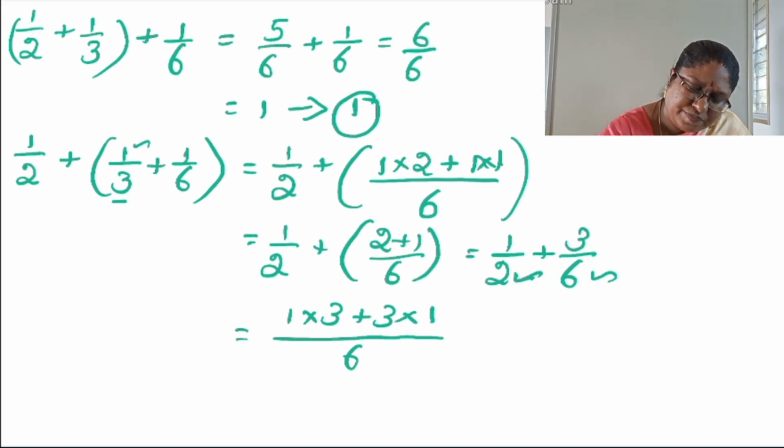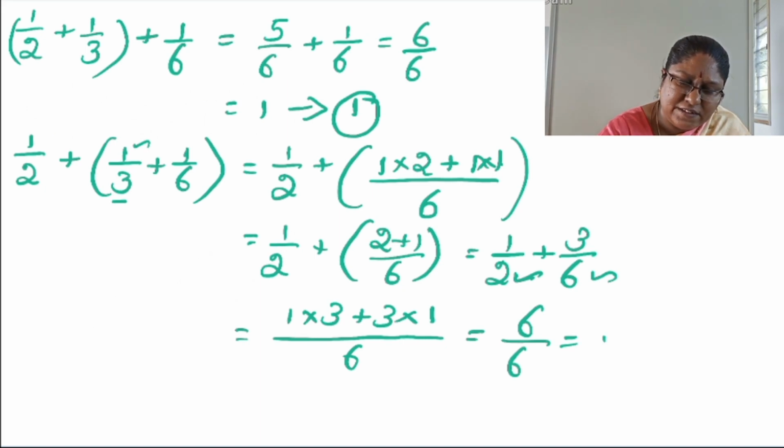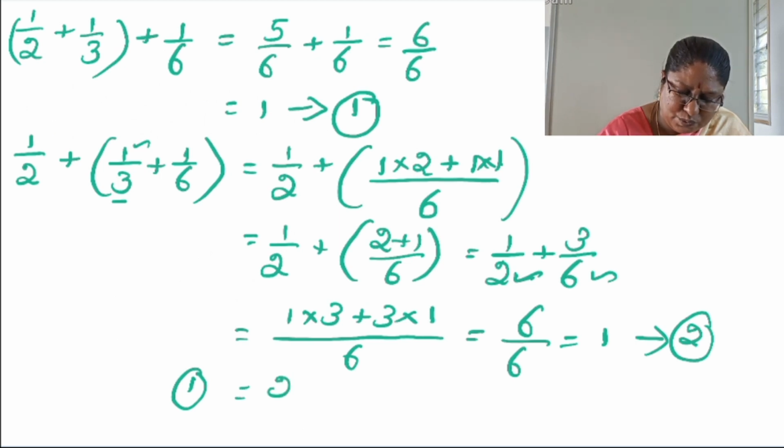So, have it. What you will get? 6 by 6. So, the answer is 1. So, this is equation 2. So, you have it. 1 is equal to 2. So, now you can say that associative property is true under this condition.